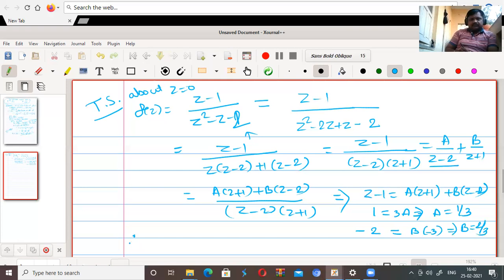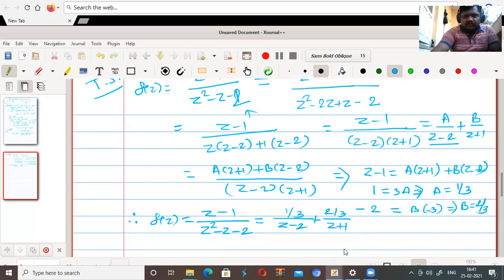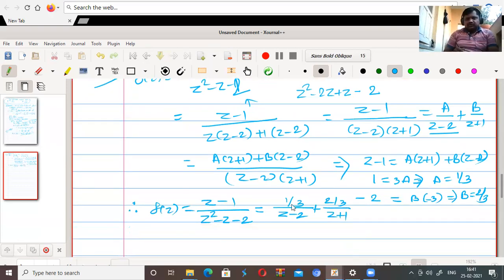And therefore, your f of z, which is z minus 1 upon z square minus z minus 2, is nothing but 1 by 3 upon z minus 2 plus 2 by 3 upon z plus 1. Now we know that at z equal to 0, this whole function is analytic.